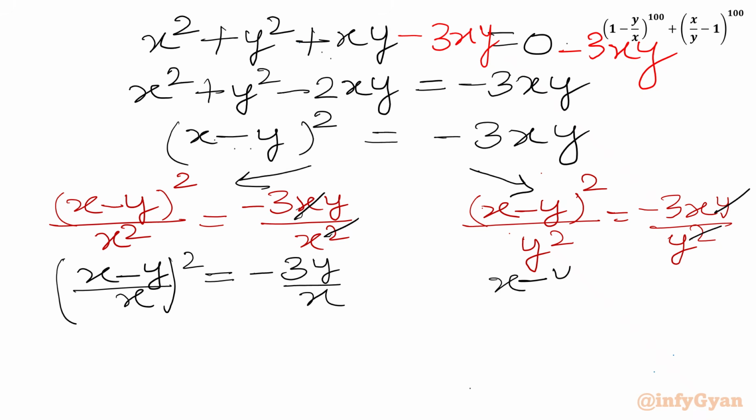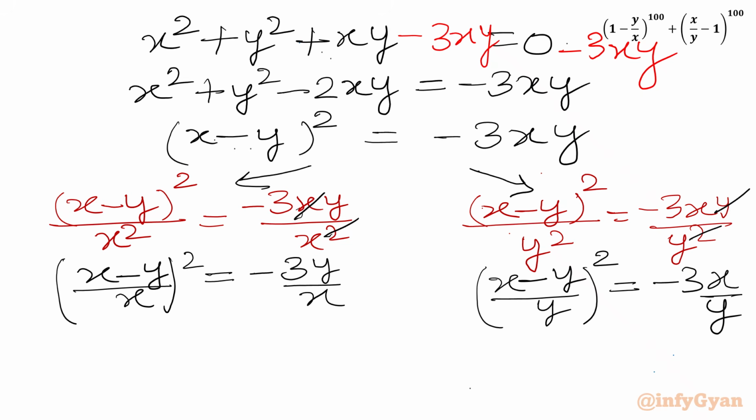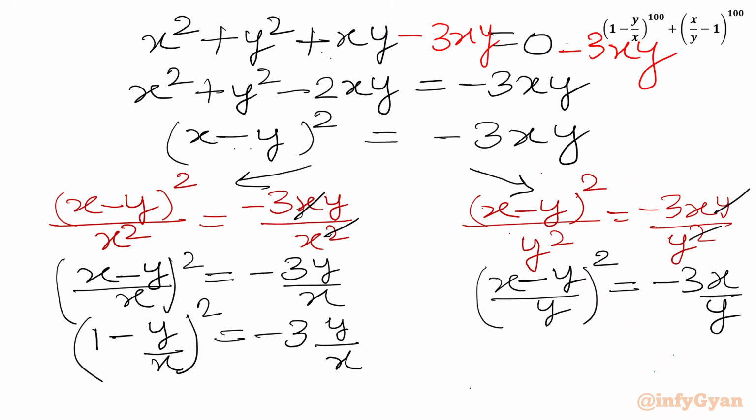Here I will write (x minus y over y) whole square equal to minus 3x over y. Or we can split the numerator: (1 minus y over x) whole square will be equal to minus 3 times y over x.